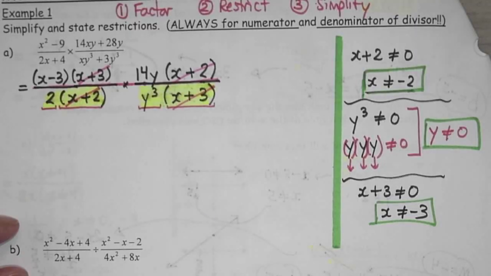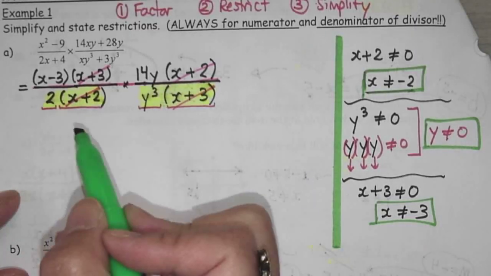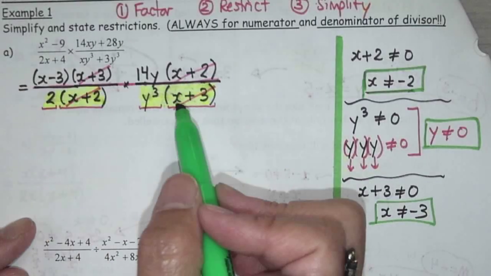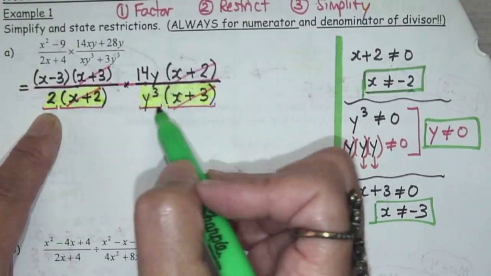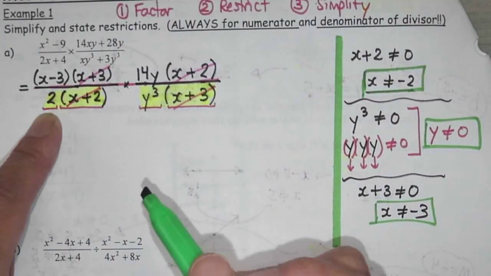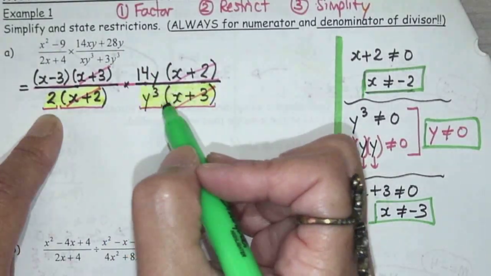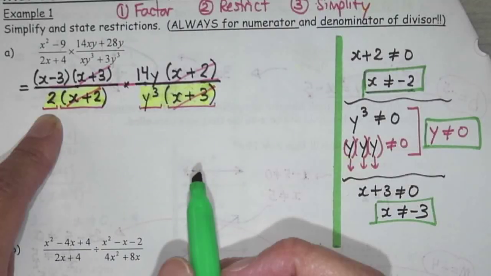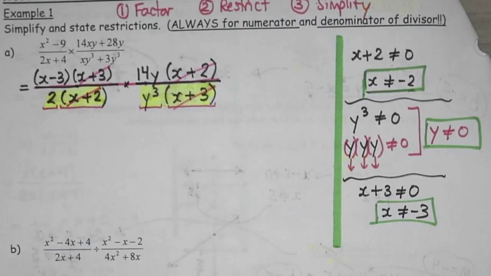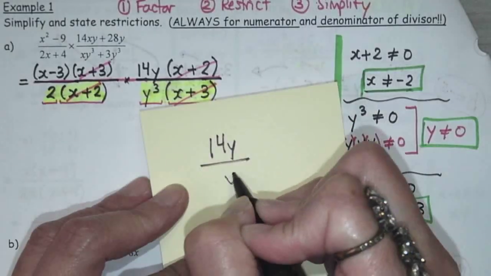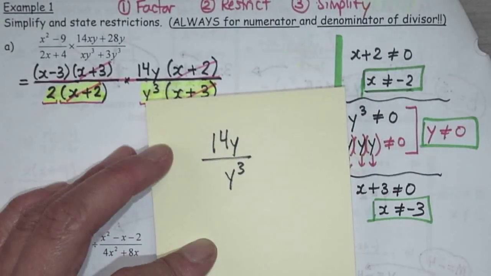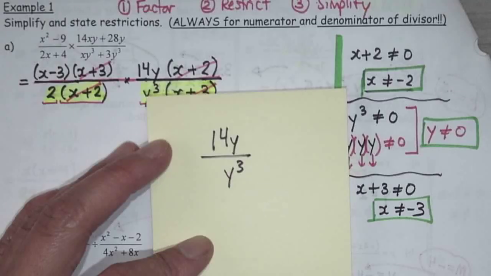I need you to also simplify. Look, those are the same, those are the same. See these monomials? The monomials can be canceled as well. It's back to grade 9, where we only canceled monomials together. If I gave you 14y over y cubed, what can you cancel?